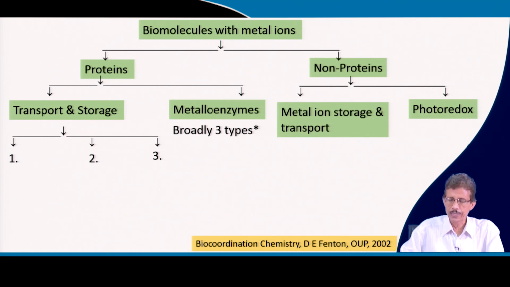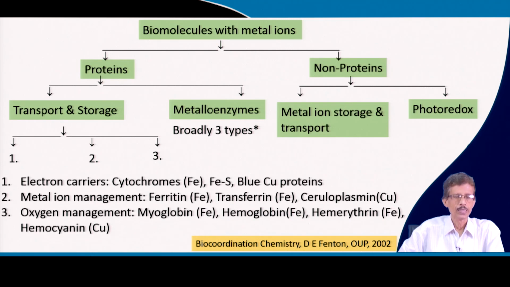From the left basically we will be discussing everything. If you start from the top, you have the metallobiomolecule of protein category, then transport and storage type. The number 1 category will be electron carriers, number 2 will be involved in metal ion management, and number 3 oxygen management.